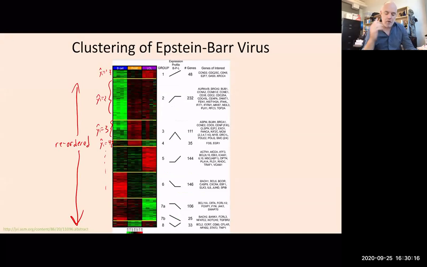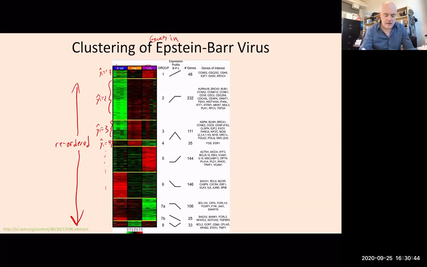Okay. We won't belabor this application, but you might want to identify different groups of genes that are more or less active at different times in a cell's growth, or at a different cell growth stage.